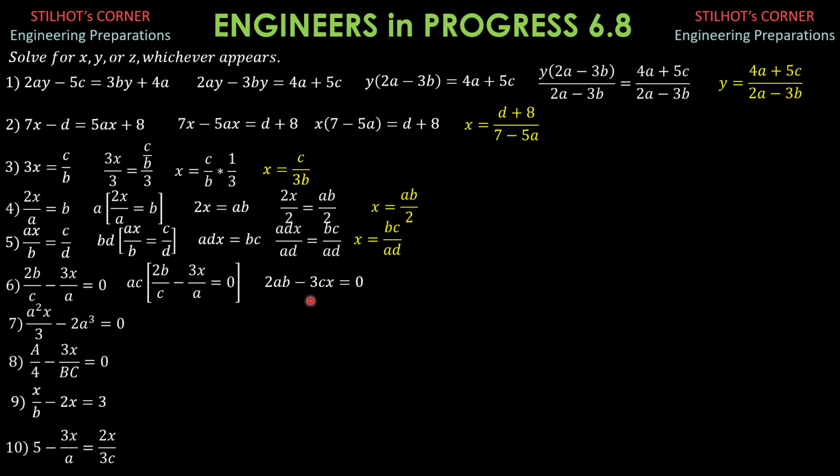Then this becomes negative 3cx equals negative 2ab after transposition. Since negative over negative is positive, 3cx equals 2ab. Divide everything by 3c. So 3cx over 3c equals 2ab over 3c. So the left side becomes x, and x therefore is 2ab over 3c.